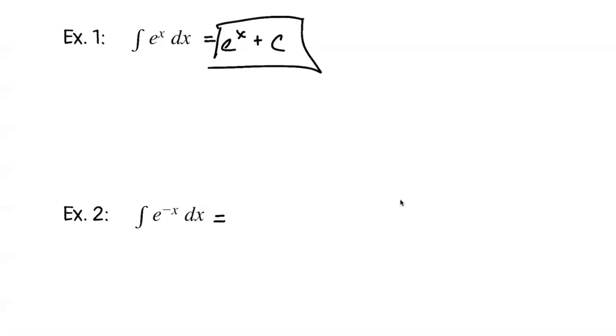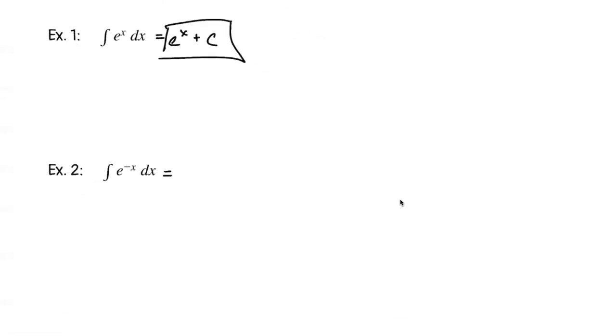I know these are two very simple examples. However, yesterday we learned about something called u substitution. Our clue for when we needed to use u substitution is if it's not just an x, or if we see something that doesn't totally match a rule. Now, I would consider example 2 a sneaky case of u substitution.